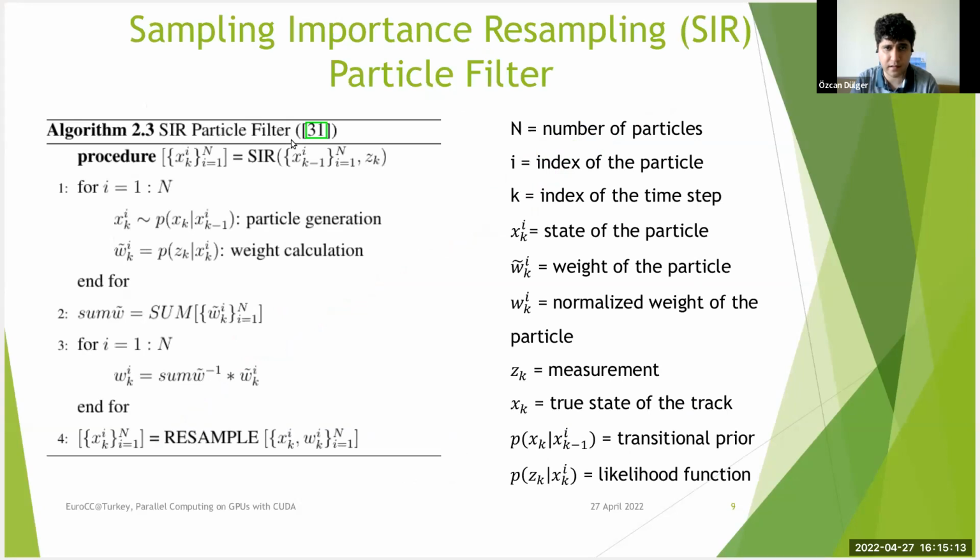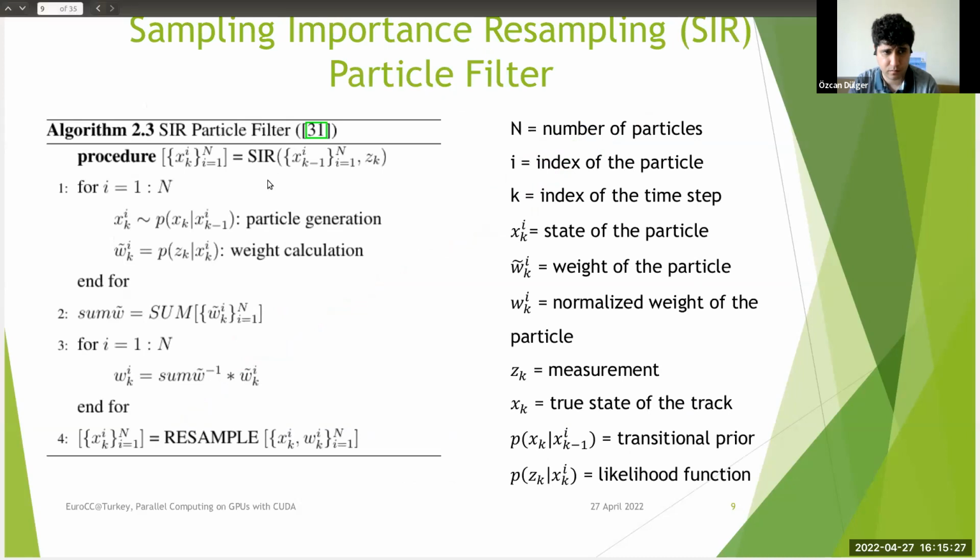The most well-known SIR particle filter is the sampling importance resampling particle filter. It has mainly four stages. In this algorithm, n is the number of particles, x is the state of the particle at step k, and W tilde k is the weight of the particles.